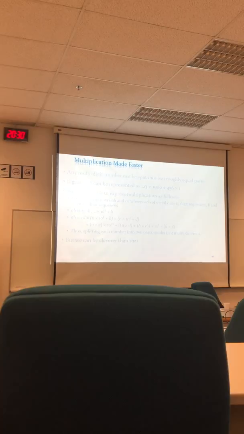Okay, now we consider the multiplication of this one, A plus B times C plus D. If you multiply it out, you'll find this expression. And A times C, we multiply everything out, we get these 4 terms. 2 times 2, we get 4 terms.